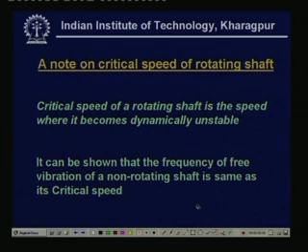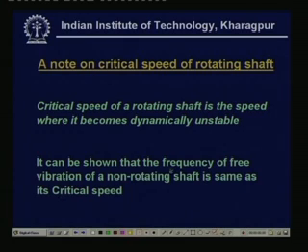This particular part you have already done in your earlier vibration courses. So, I think we need not go into details of this aspect, and moreover this is beyond the scope of this class. However, we know the frequency of free vibration of a non-rotating shaft is the same as the critical speed.